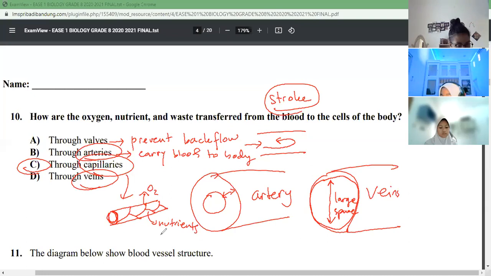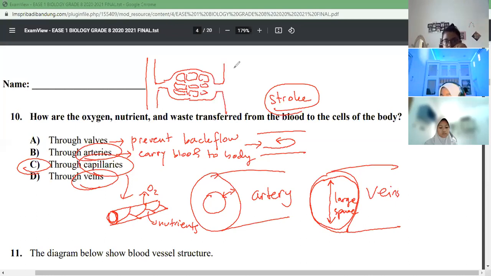Okay, the capillaries. If you remember, the capillaries are actually the connection between the arteries and veins, like this, as a bridge between them. Kayak jembatan ya, seperti ini. Ini gambaran Bapak ya. This one is artery.